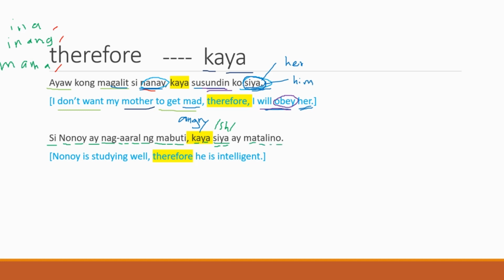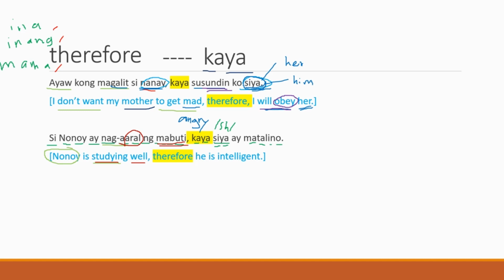Matalino. Okay. Nonoy is the name of a person. Studying is nag-aaral. The root word of that is aral, and that is study in English. Well is mabuti.